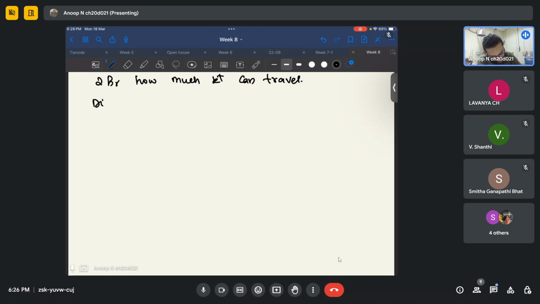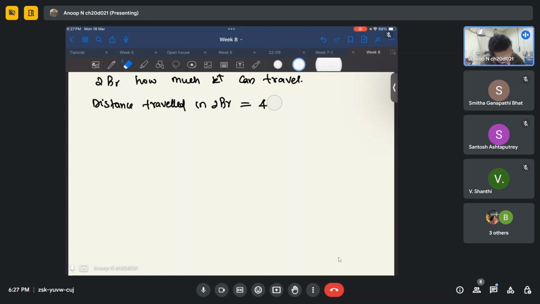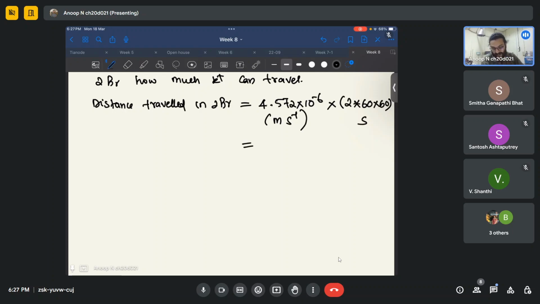So, the distance traveled in 2 hours: how much will it be? It is 4.572 into 10 raised to minus 6, and we have to convert the hours because the unit is meters per second, so 2 into 60 into 60, which will also be in seconds. So what will be the answer?